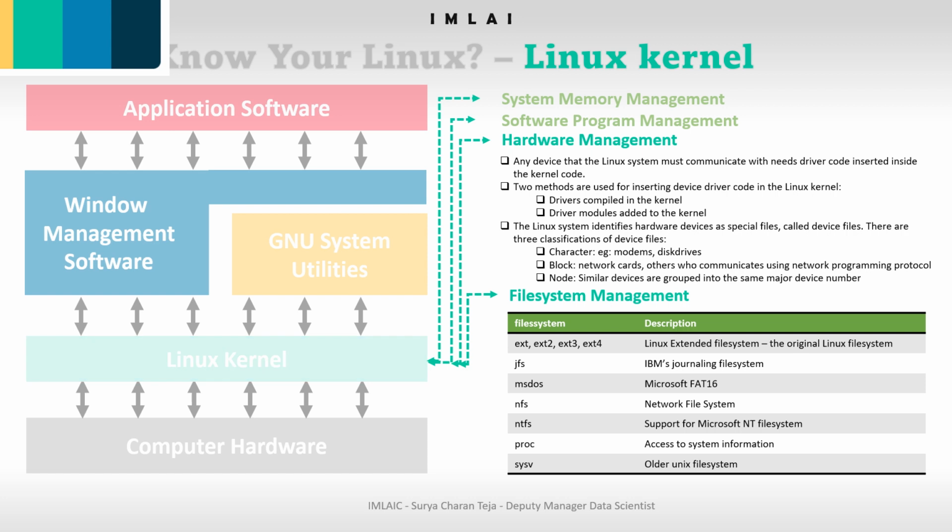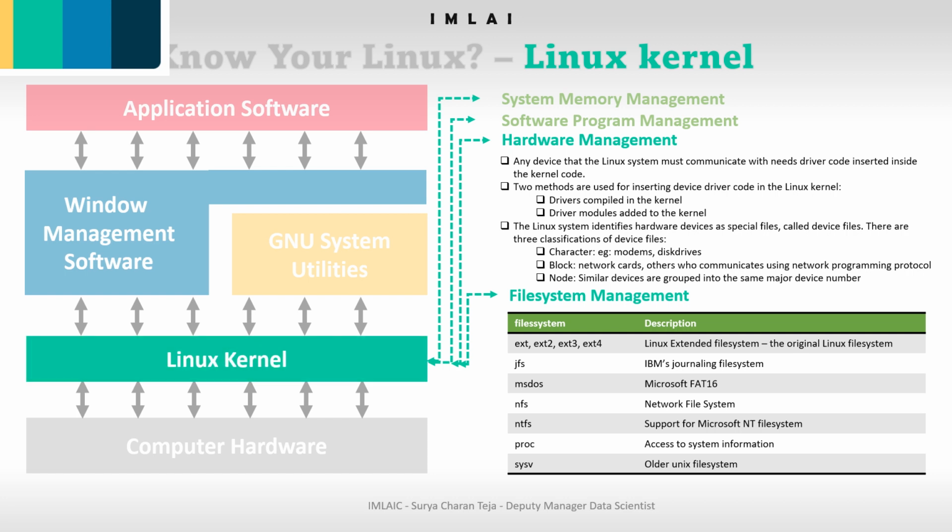If you see the examples that I have mentioned on the screen, ext, ext2, ext3, ext4, these are Linux extended file systems. These are fundamental and widely used in Linux. These are called the original Linux file systems.